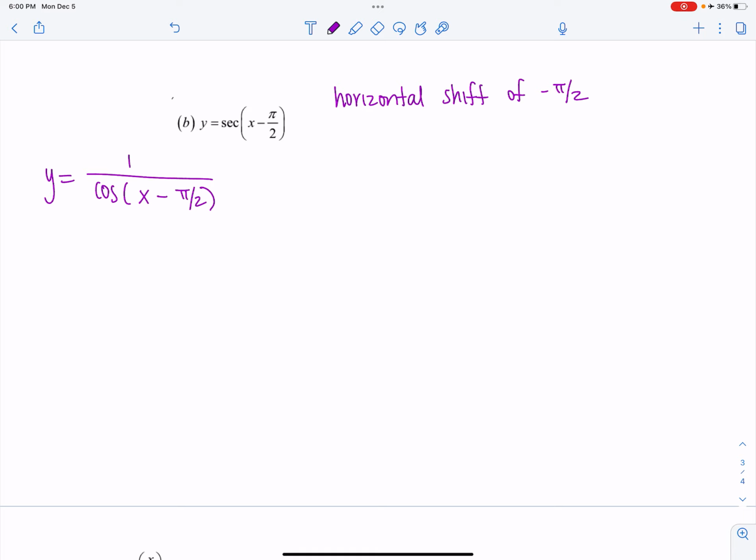So again, I'm going to start with the cosine graph to help guide us on how to graph the secant. Now, cosine does something like this. And that will help us to graph 1 over cosine. This is a 1. This is a negative 1.